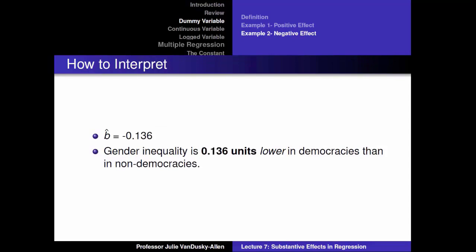So, since the B hat was negative 0.136, you can conclude gender inequality is 0.136 units lower in democracies than in non-democracies. Note that I did not put negative 0.136 in this statement. I only put 0.136. Since I stated lower here, it is clear that democracy has a negative effect.